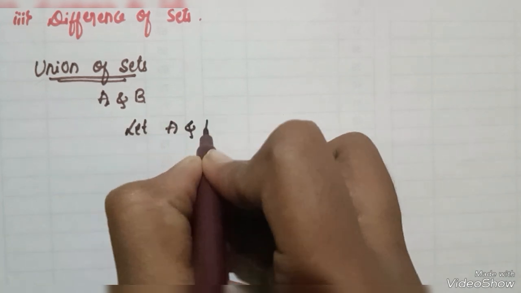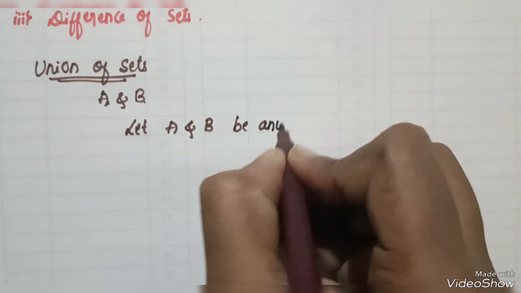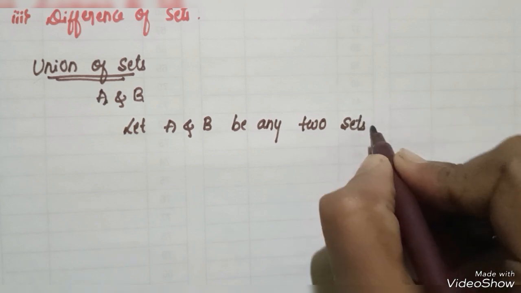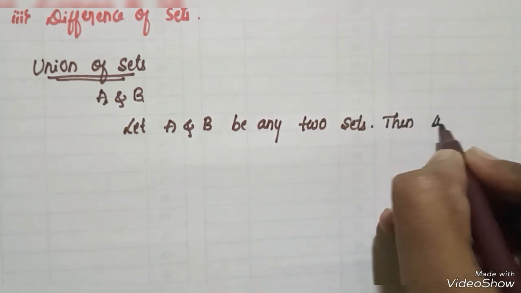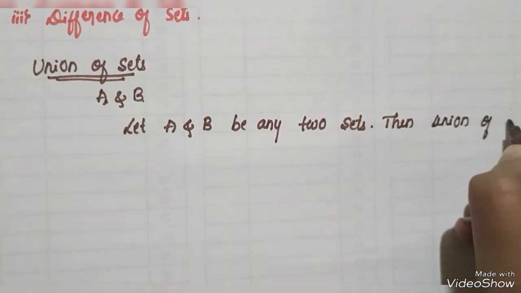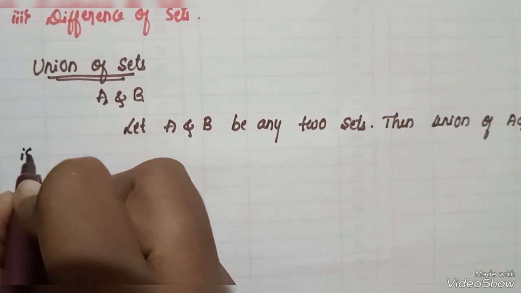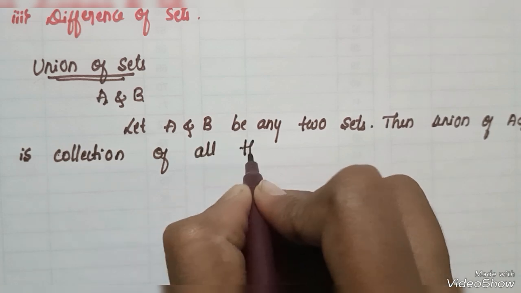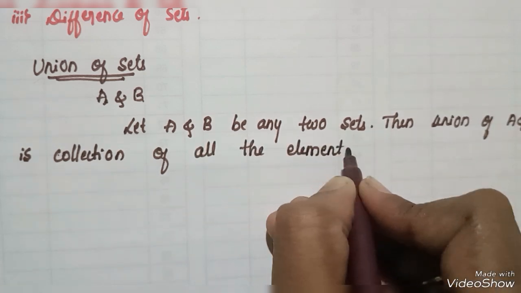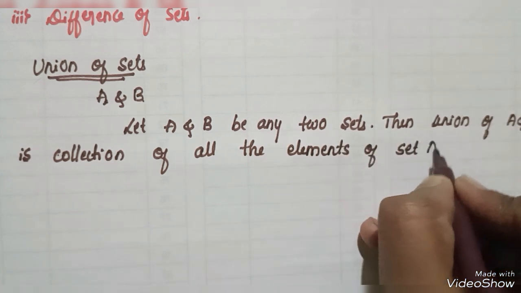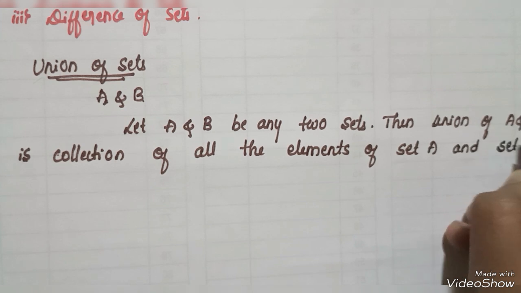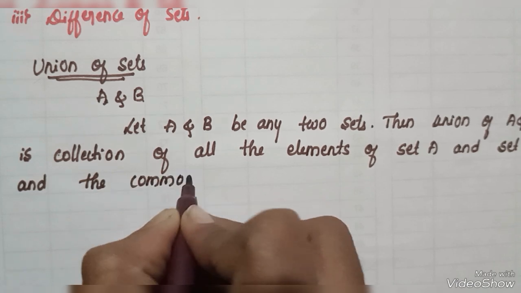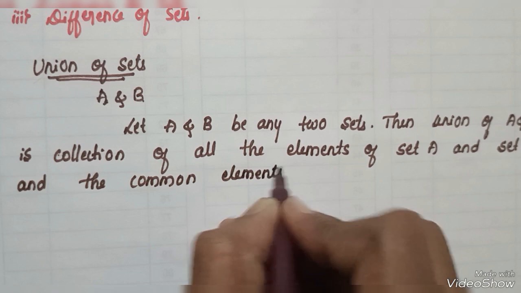Let A and B be any two sets. Then the union of A and B is the collection of all the elements of set A and set B, and the common elements are taken once.